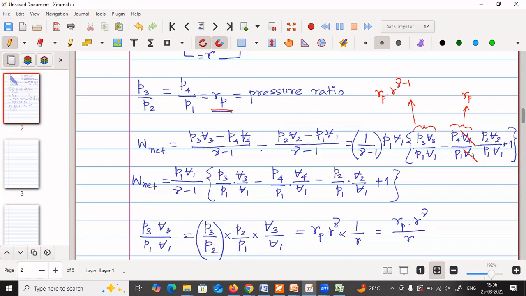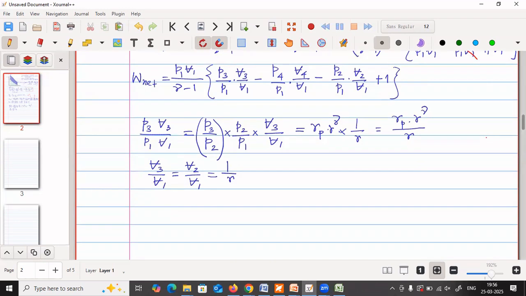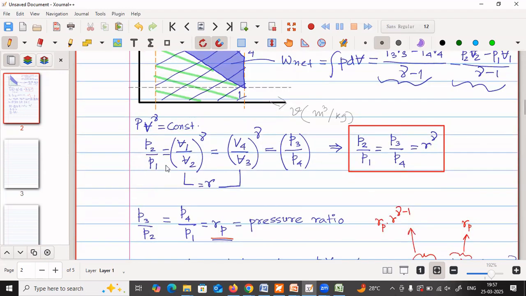And what is P2 V2 by P1 V1? You see that the third term, P2 V2 by P1 V1, is equal to P2 by P1 multiplied with V2 by V1. P2 by P1 is equal to R to the power gamma.